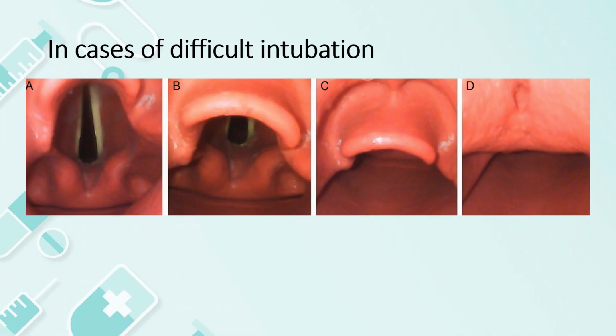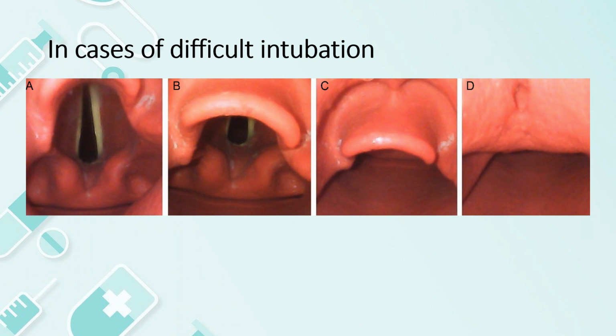This picture shows the different views of the vocal cords. A and B is an easy intubation situation where we use the McGill curved configuration of the stylet just to guide and navigate the tube easily to the vocal cords, while C and D is a difficult situation in intubation.